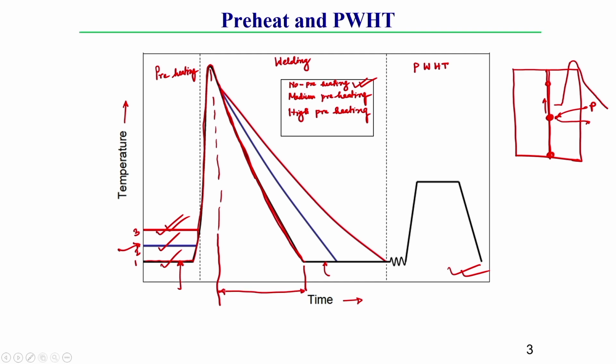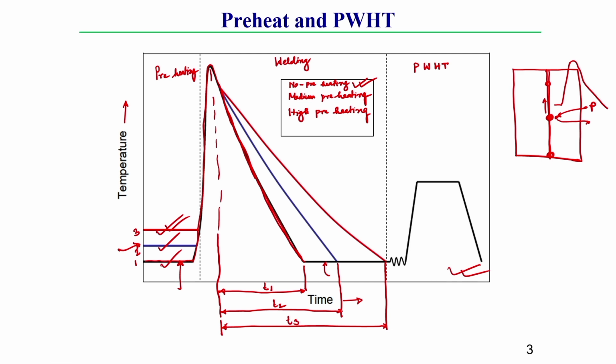Now, once we use medium preheating, the time taken from this peak temperature to room temperature is, let us say, T1, then T2. After that, once we further increase the preheating temperature, the cooling time required from the peak temperature to room temperature is T3.